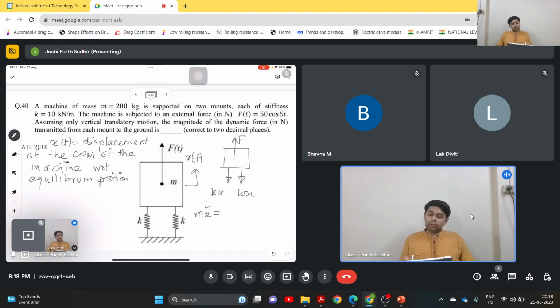Let us say this vertical direction is positive. Then we get F minus 2kx. Therefore m x double dot plus 2kx is equal to F of t.